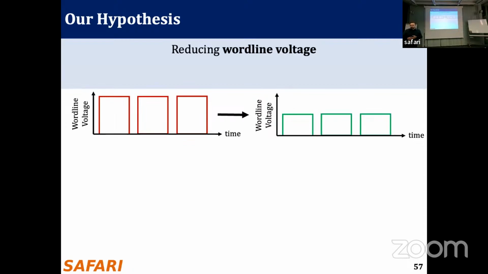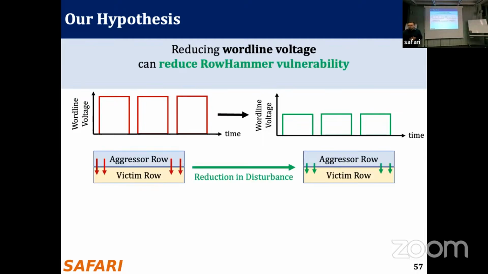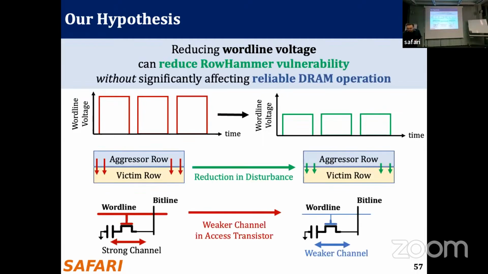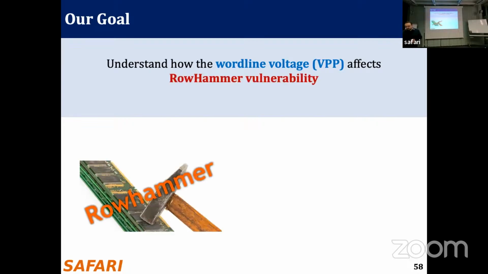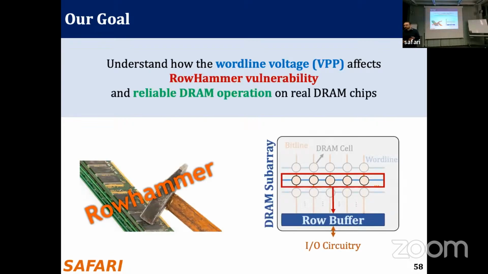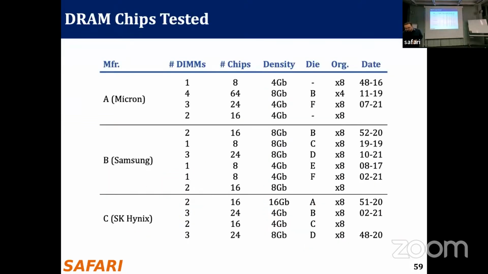So our hypothesis is that when we reduce the wordline voltage, we can reduce the RowHammer vulnerability. It can come with a weaker channel in the access transistor, but we are not expecting it to significantly affect reliable DRAM operation. Our goal is to understand how the wordline voltage affects the RowHammer vulnerability and reliable DRAM operation on real DRAM chips.